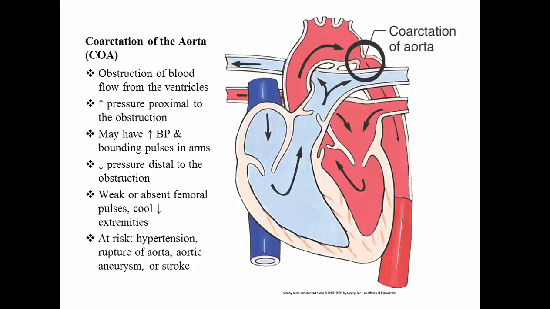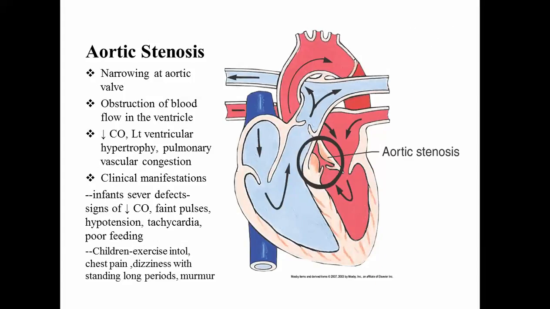But usually the non-surgical intervention is the intervention of choice, where they do a balloon angioplasty and stent for infants and young children, and stents for adolescents. So those are the preferred interventions.